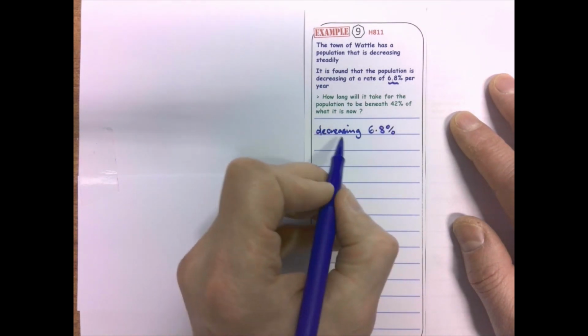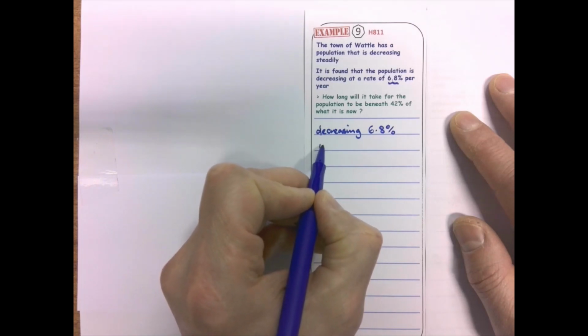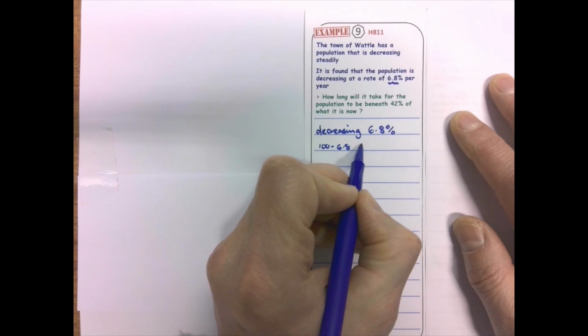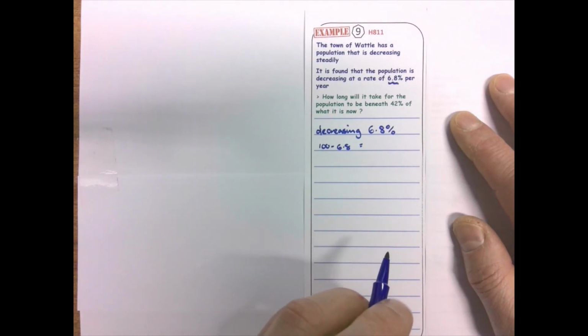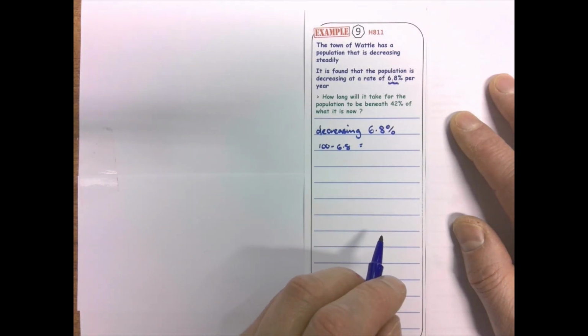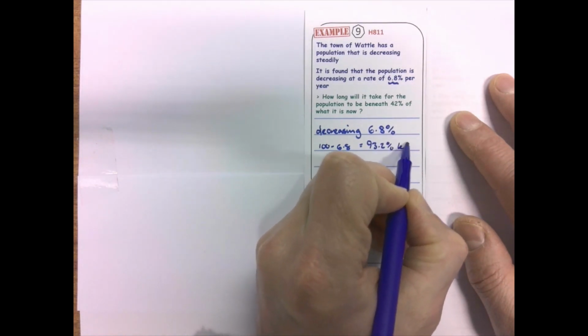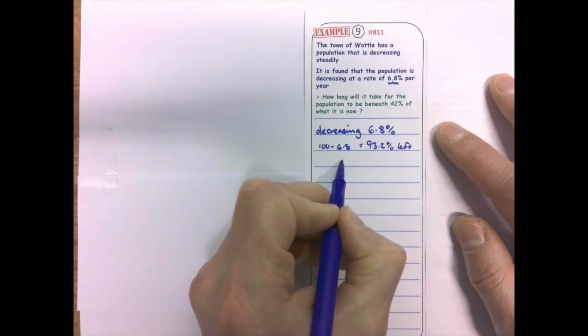So if we do 100 take away 6.8, we're going to have whatever's left, right? So it's going to be 93.2% left each year, right?